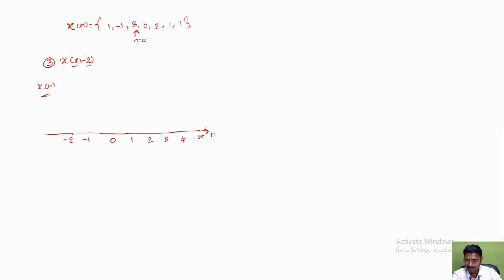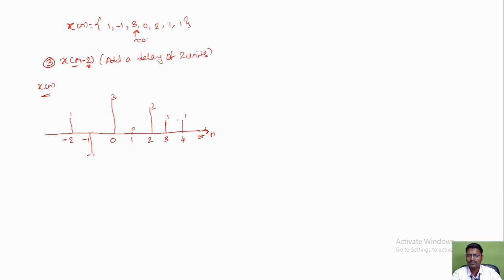For -2 it is 1, for -1 it is -1, for 0 it is 3, for 1 it is 0, for 2 it is 2, and for 3 and 4 the value is 1. This is the value for x of n. Now x of n minus 2 means I am going to add a delay of 2 units.